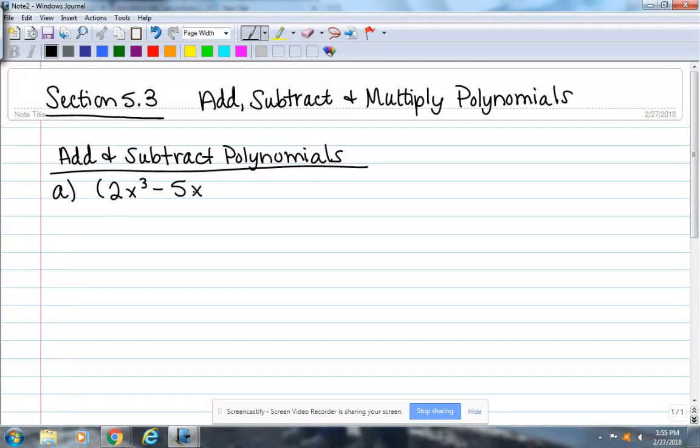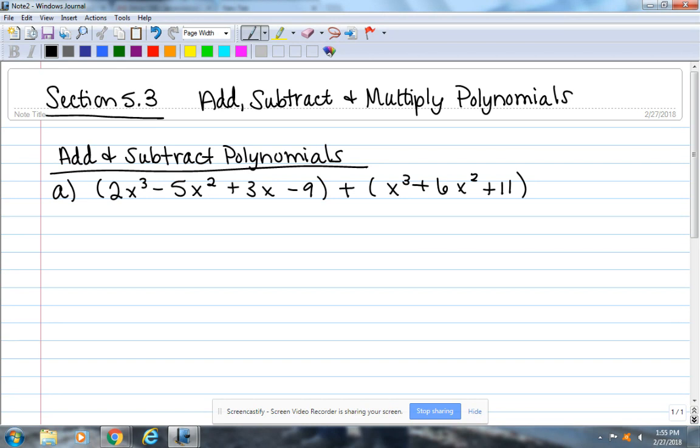This one right here is a third degree polynomial because its largest exponent is the third power. Same with this one. And we're going to add these two polynomials, and they're separated because they have parentheses around them. And we know it's addition because there's a plus sign between the two parentheses.